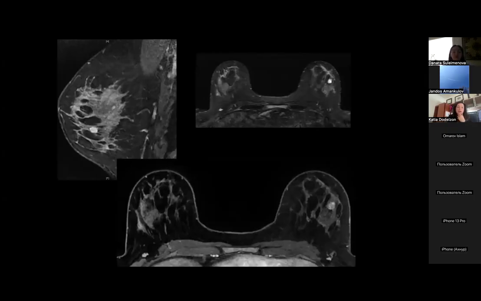This is an example of an oval, well-circumscribed mass that homogeneously enhances, but with these non-enhancing septa. When we do see that, that is highly suggestive of a fibroadenoma, with non-enhancing septa being the stromal core of the fibroadenoma.